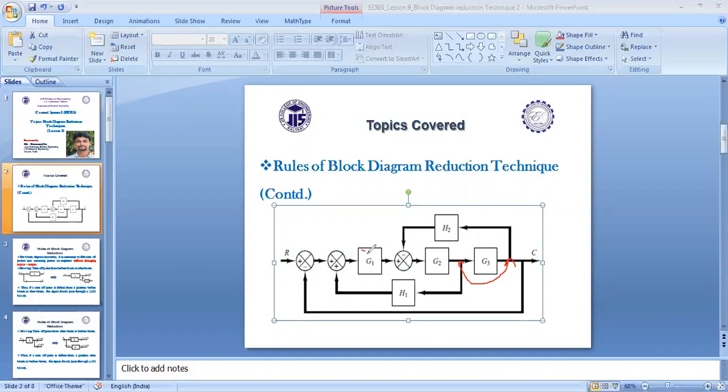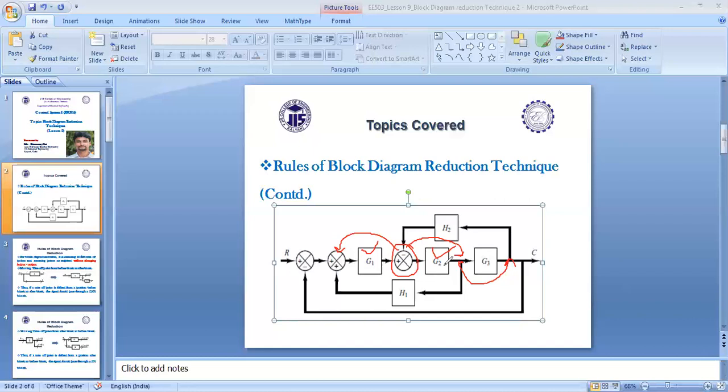Similarly here, G1 and G2 are not connected in series because of this summing point. So what we need to do, we need to shift the summing point before the block, or shift the summing point after the block, so that we can have a clear connection between G1 and G2. So if we want to connect any two blocks in series or parallel or feedback, first we need to observe whether these two are connected in series or not.